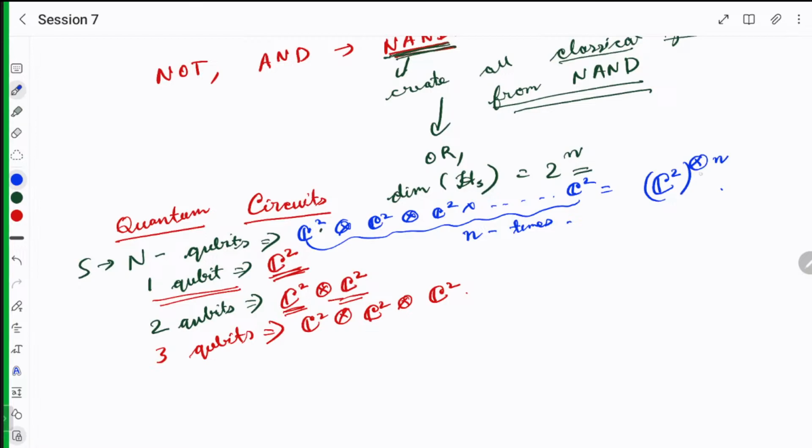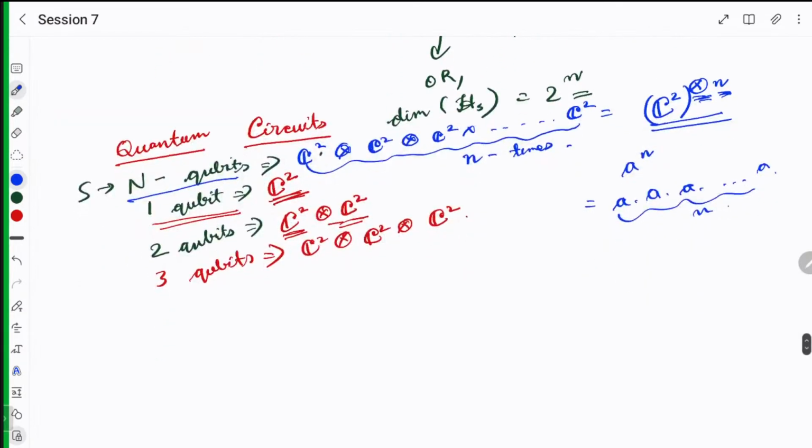So what does tensor power mean? It's like a normal power. If there is a number a to the power n, that means you multiply it n times. So tensor a n times. Tensor power means that you tensor product it n times. So this is the Hilbert space for n qubits.